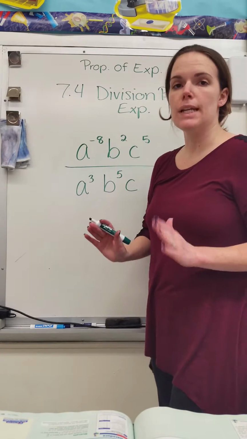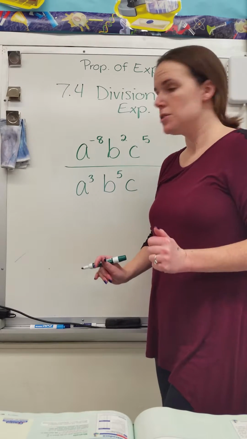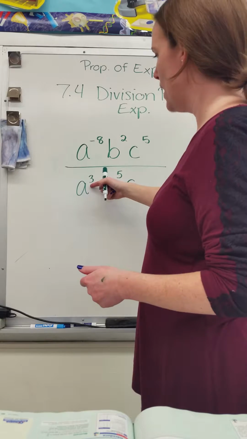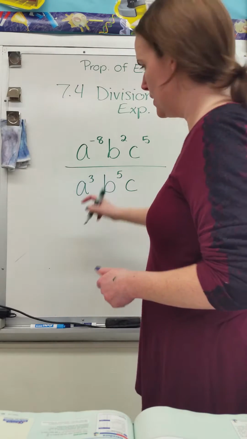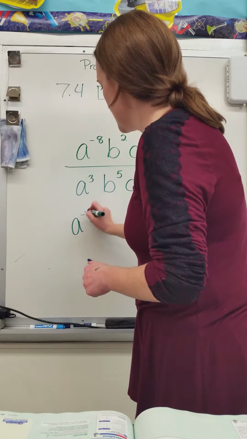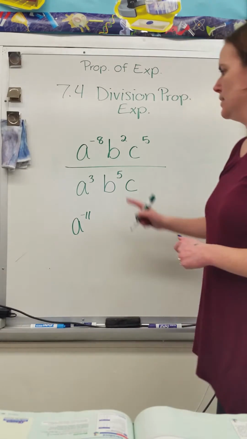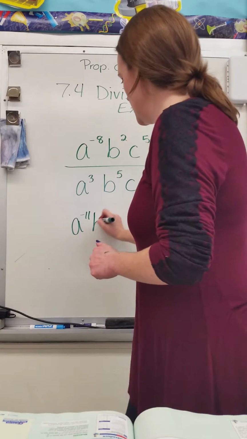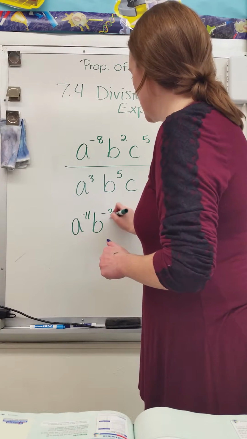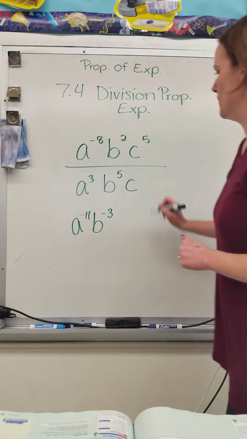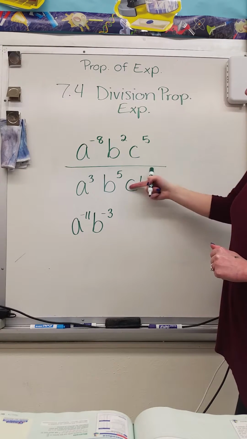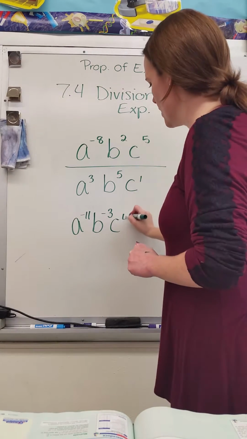Mathematically, what you're doing is you're subtracting. So negative 8 minus 3 is going to be a to the negative 11. 2 minus 5 is going to be b to the negative 3. That's a 1, so c to the 5 minus c to the 1 is c to the 4.